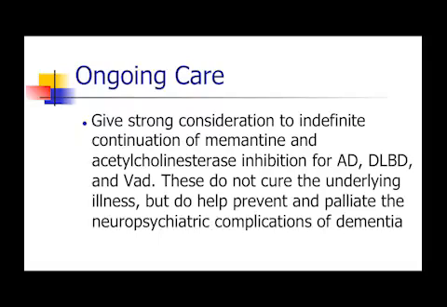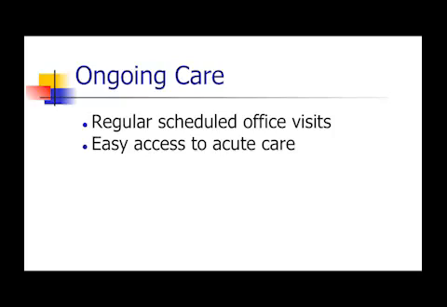Ongoing care. Give strong consideration to indefinite continuation of memantine and one of the acetylcholinesterase inhibitors for Alzheimer's disease, diffuse Lewy body disease, and vascular dementia. These don't cure the underlying illness, but they do help prevent and palliate the neuropsychiatric complications of dementia. We want to have regularly scheduled office visits, easy access to acute care.